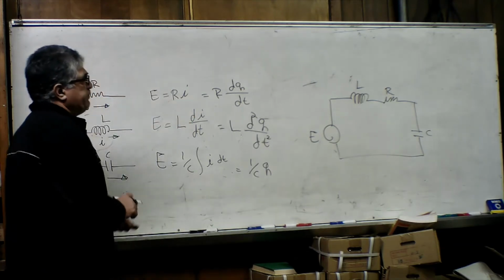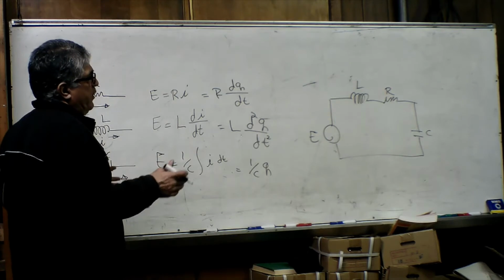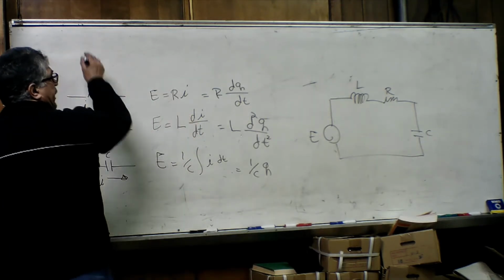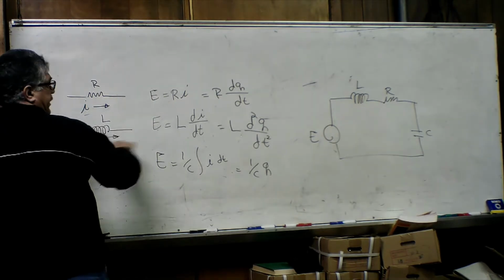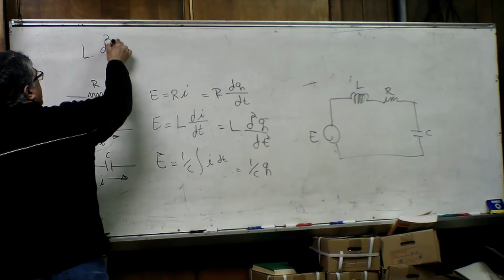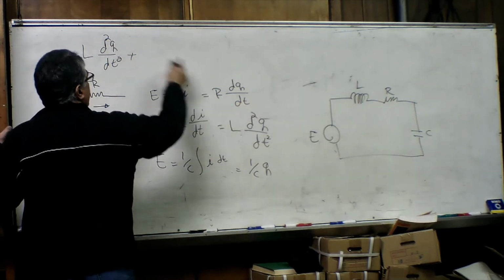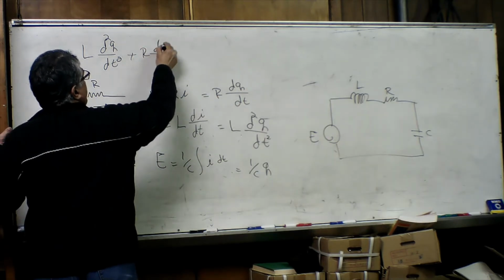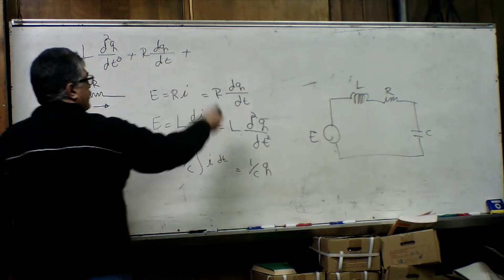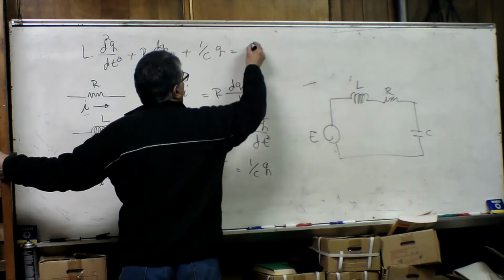The differential equation for a circuit like that, we can write as an inductance L d2q dt squared plus a resistor R dq dt plus a capacitor, which is 1 over C Q, equal to our voltage.